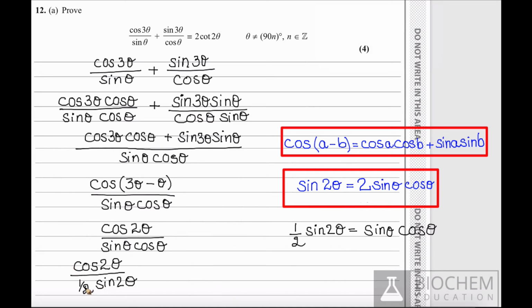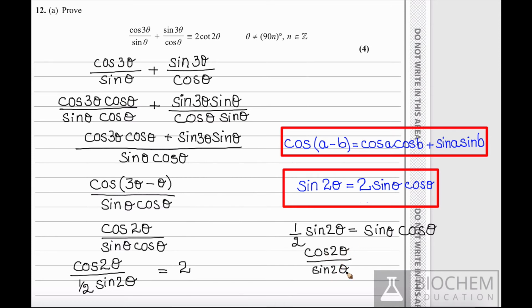We know that 1 over half is equal to 2. And we also know that cos 2 theta over sine 2 theta is equal to cot 2 theta. Simply, cos theta over sine theta would be equal to 1 over tan theta, which will be equal to cot theta.